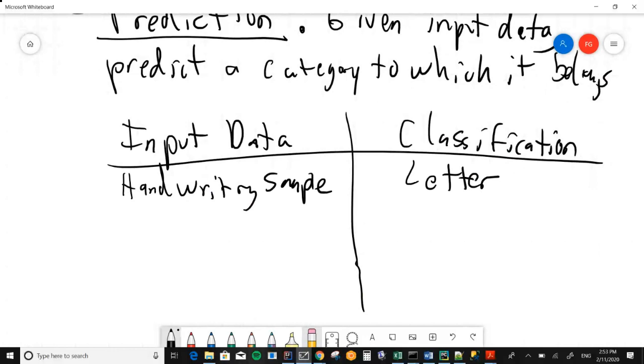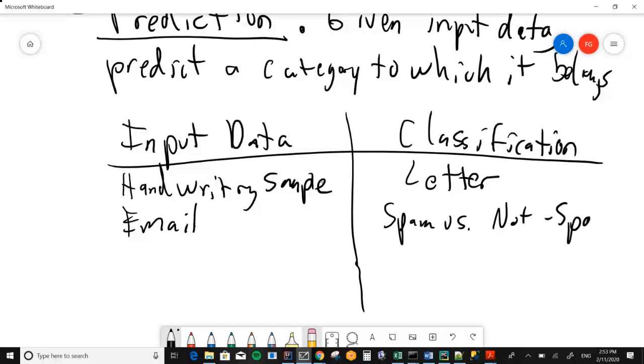So what might be something else that we try to classify? Here's another very famous example. The input data could be an email, and the classification could be spam versus not spam. In other words, we have an email come in, essentially a string, right?